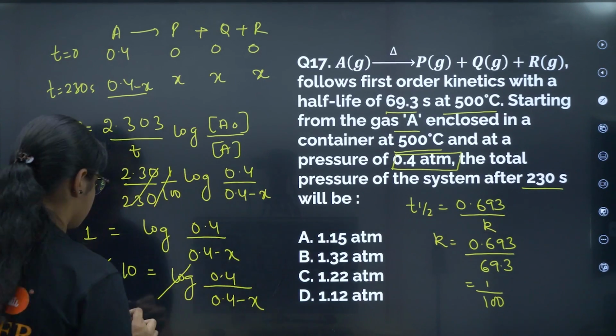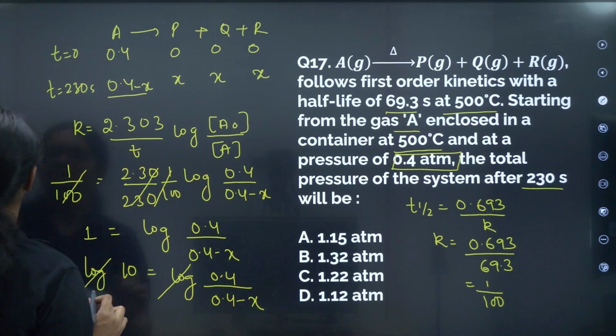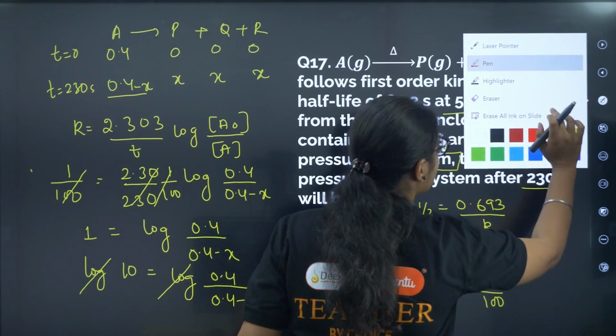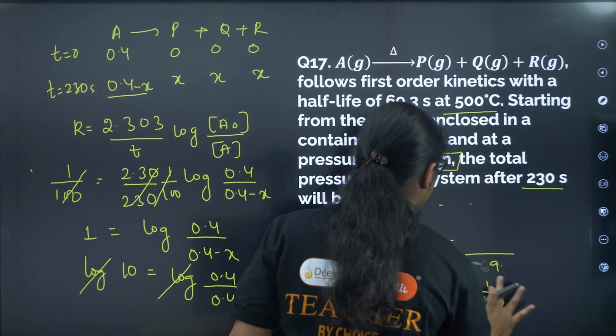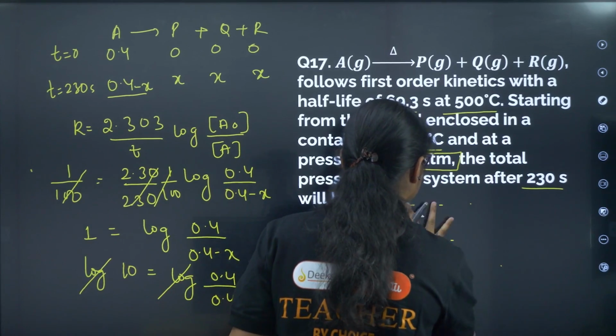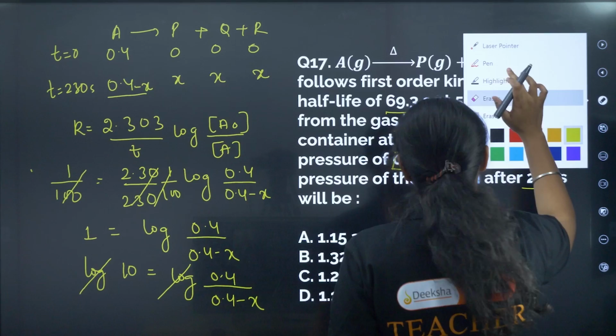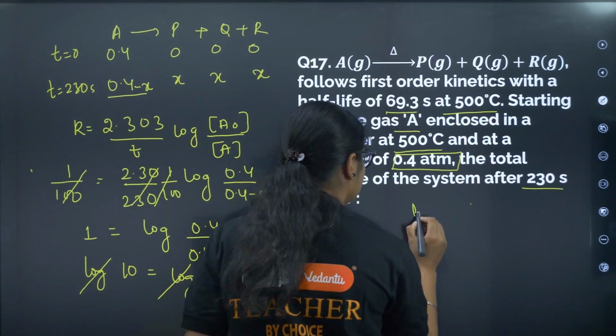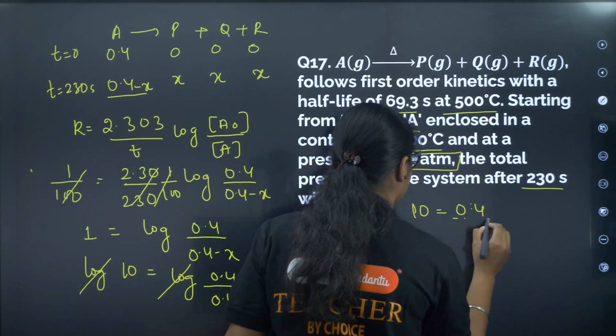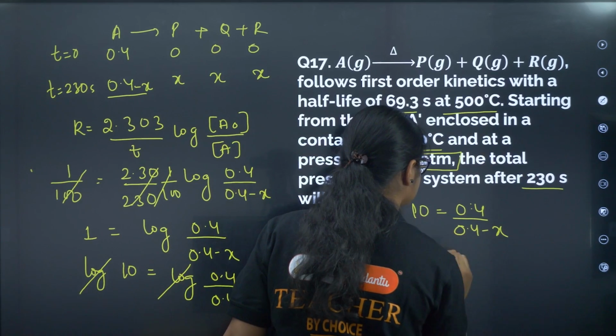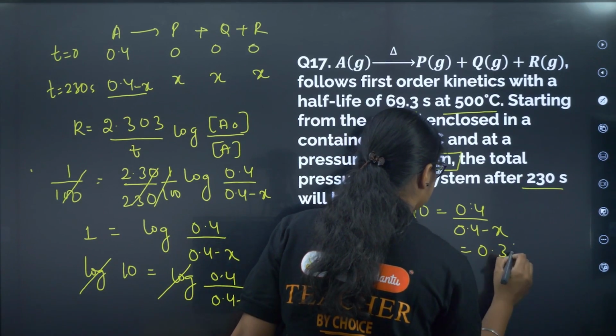So now I have this equation. So we have got log 10 is equal to log of 0.4 divided by 0.4 minus x. So I can write 10 is equal to 0.4 by 0.4 minus x. If you solve, we'll get x is equal to 0.36.